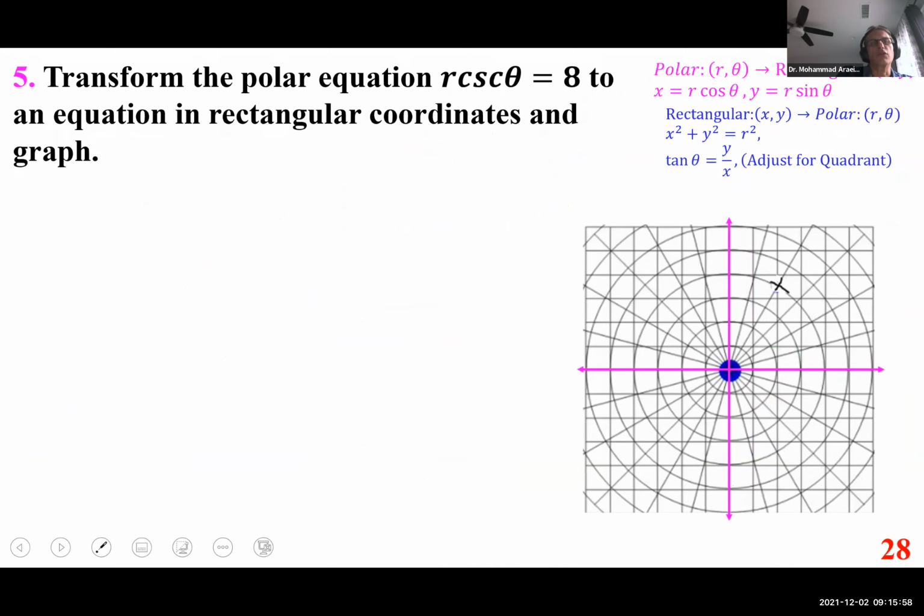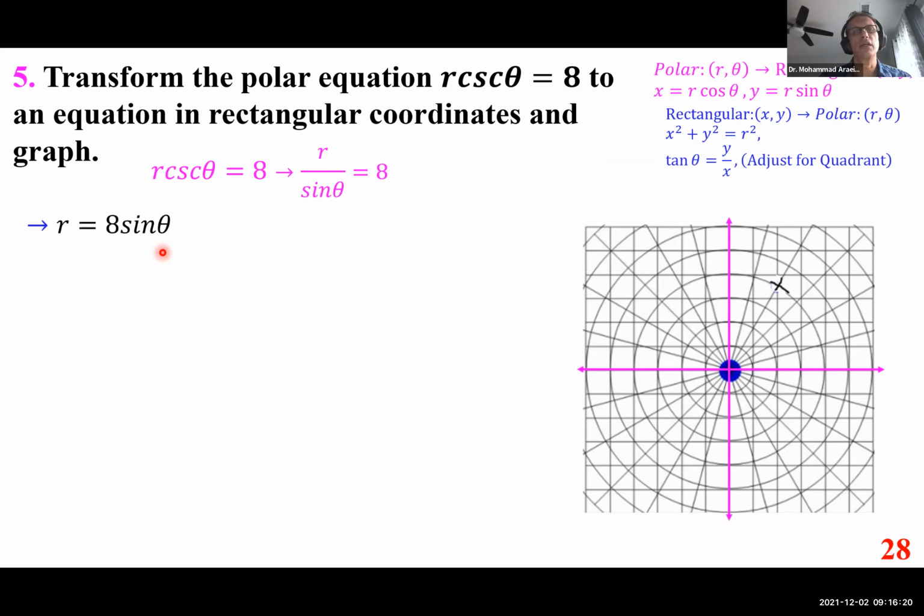We want to do the same thing, transform the polar equation, but this time r cosecant theta equals 8, to an equation in rectangular coordinates and graph it. So let's rewrite cosecant as 1 over sine. Cross product gives us r equals 8 sine theta.